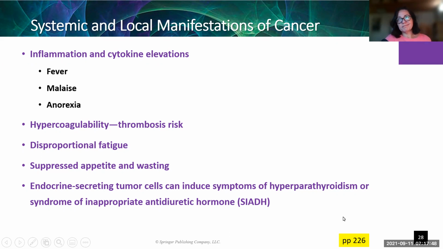Here are some tumor cell markers. They're indications that there might be some cancerous activity. For reasons that we don't fully understand, there are certain cancers that start secreting hormones that are not related to the organ where they originated. For example, SIADH, inappropriate antidiuretic hormone.